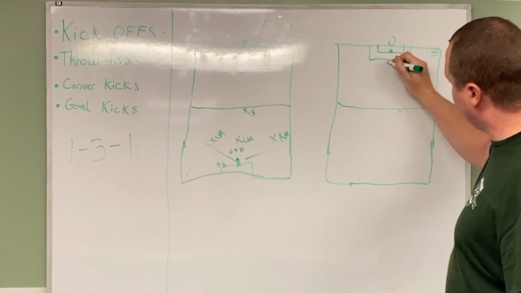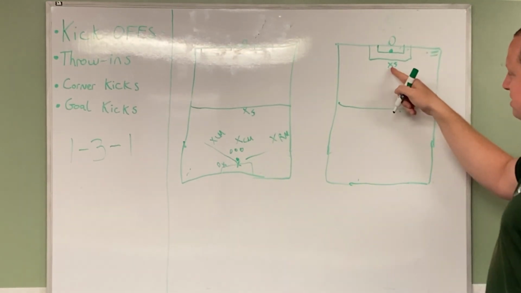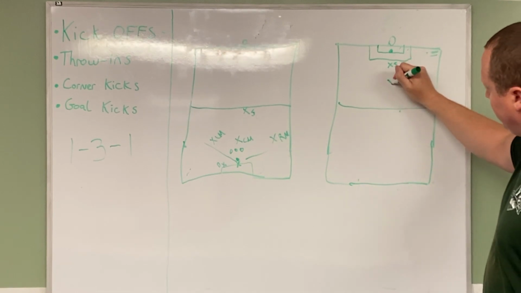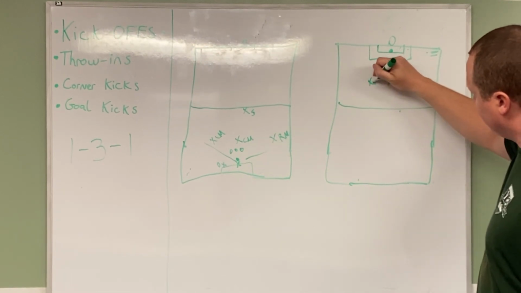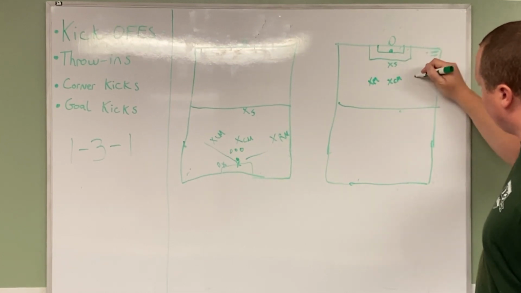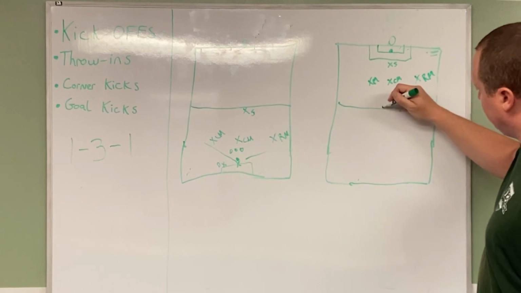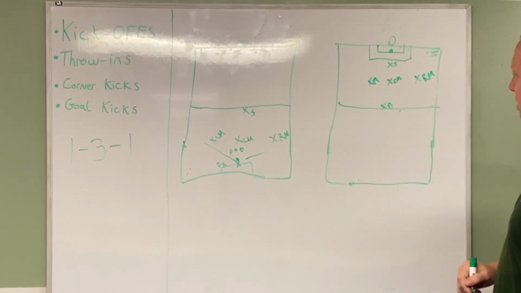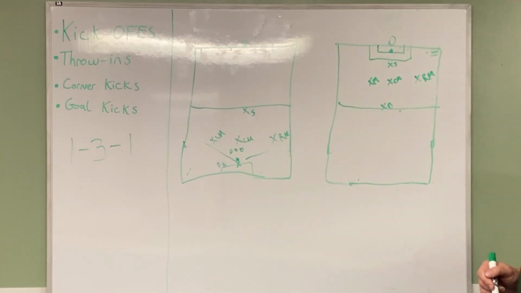I want the striker right in front of the goalie, but right outside the big box. Center mid, right in the middle of the field. Left mid, over here. And then this one over here is the right mid. And then right back here is our defense. Okay? We're in our 1-3-1. Right there. Perfect. We're ready to go.